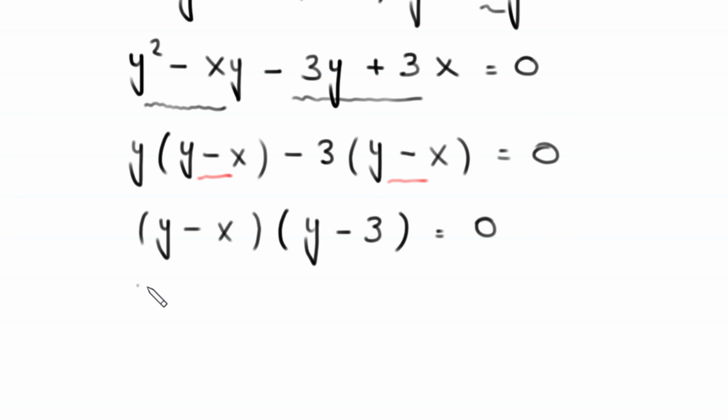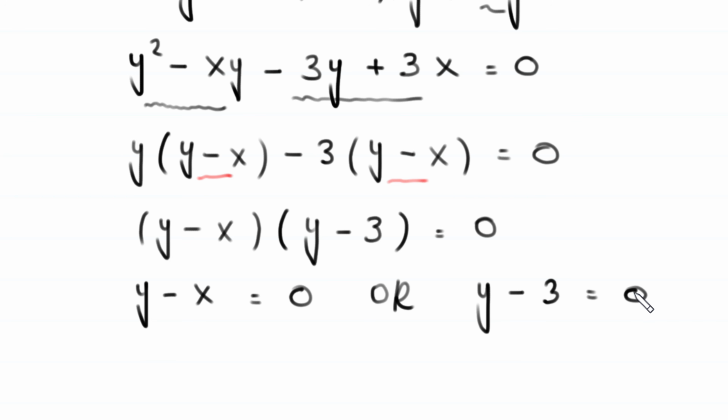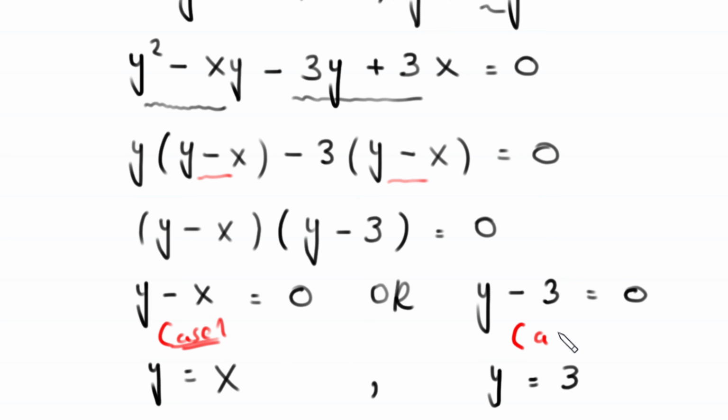Either y minus x equal to 0, or y minus 3 equal to 0. From the first we get y equal to x, and from the second y equal to 3. It means that we have two cases: case 1 and case 2.